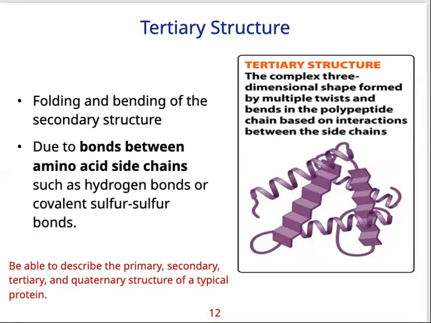And so the tendency for those different R groups is a main driving factor that determines the tertiary structure. Their interactions plus those reinforced by the covalent and hydrogen bonds will help to maintain that unique tertiary shape.